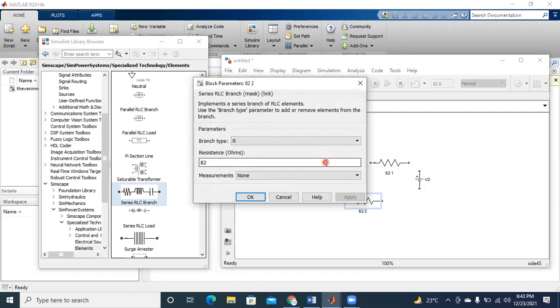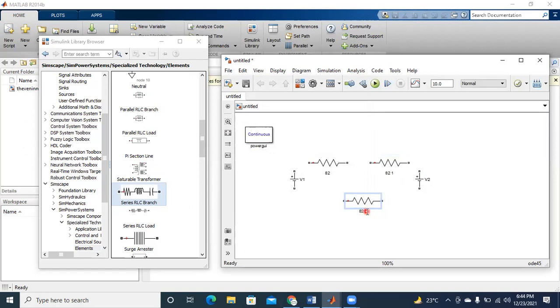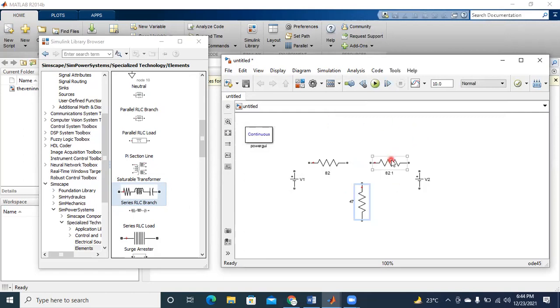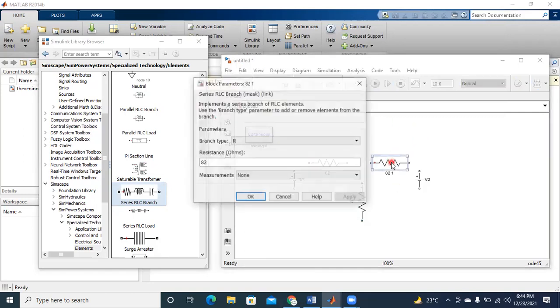It is around 47 ohms. You have to rotate the element. And coming to this one, it is 100 ohms.